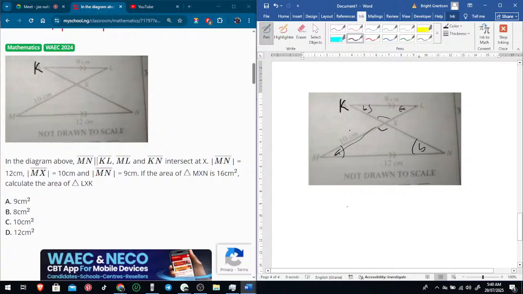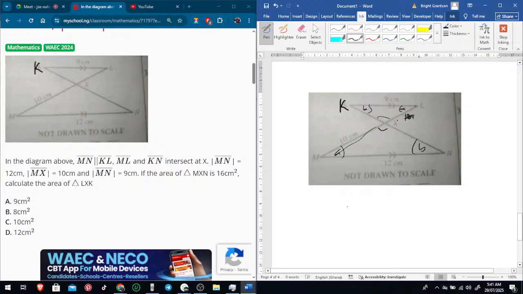Now what side is opposite to B? They alternate. But look at the side opposite B. The side opposite B is 10. So the side opposite B here is going to also be a certain value related to 10.